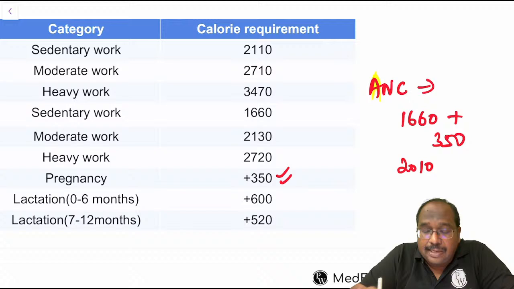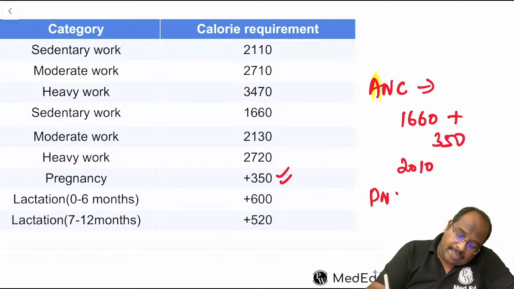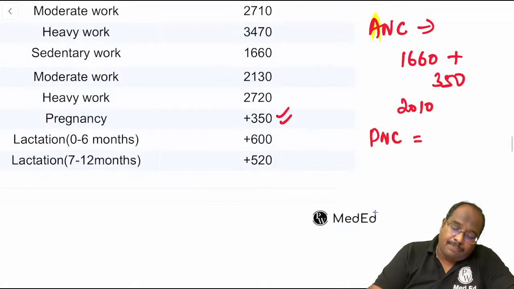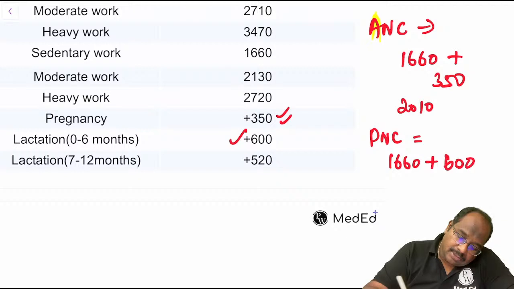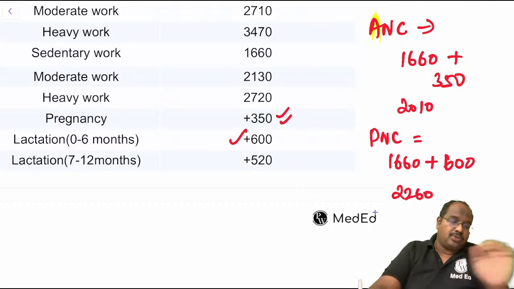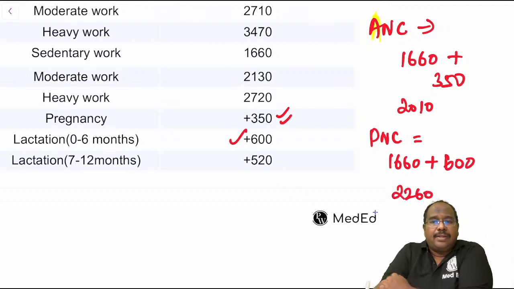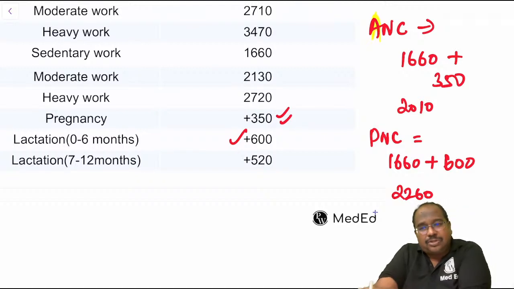This is an antenatal case. Postnatal case, suppose it is given to you: 1660 plus 600 calories, so that is 2260. So don't make mistakes here. This is the antenatal and postnatal case.